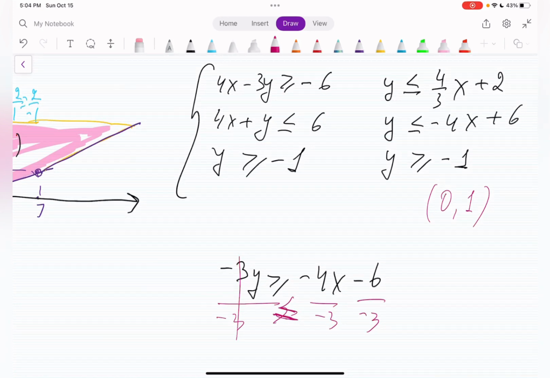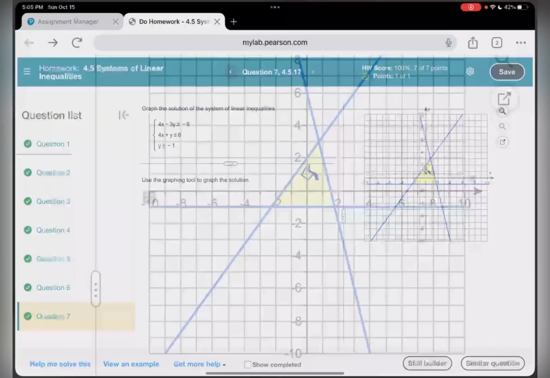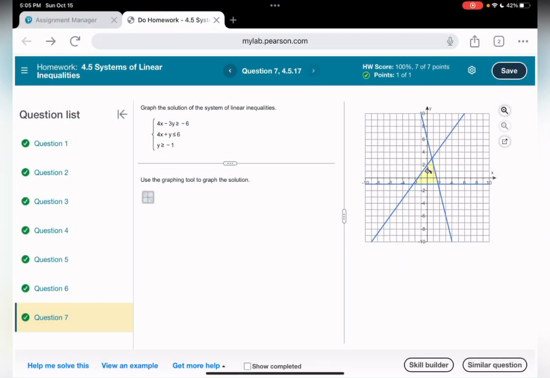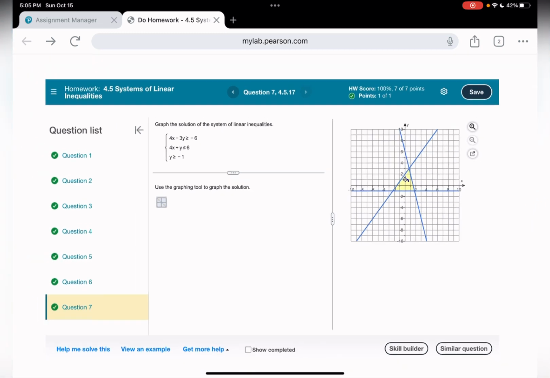X is 0 and y is 1. So y is less or equal to 2, right? Because 0 times 4/3 is gone. So 1 is less or equal to 2. So it's working. Now taking this, x equals 0 here, and this is 1. So 1 is less or equal to 6, very good. And y is 1, 1 is greater than -1, which proves that the triangle was shaded correctly. And we are done, and I'll see you in the next homework.